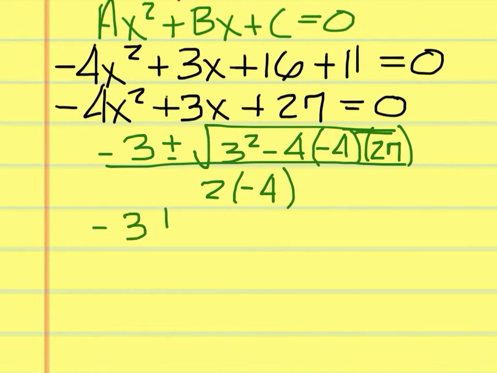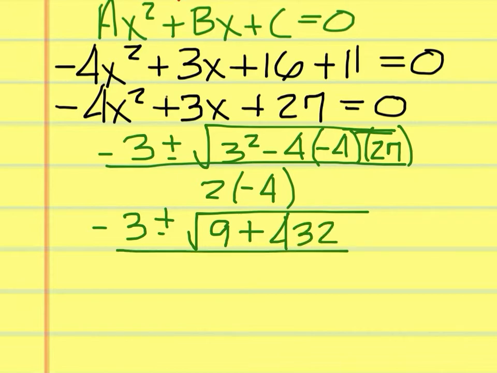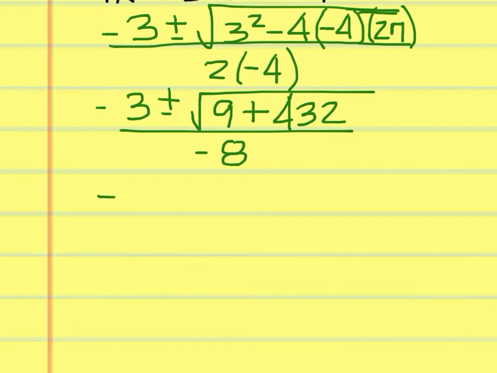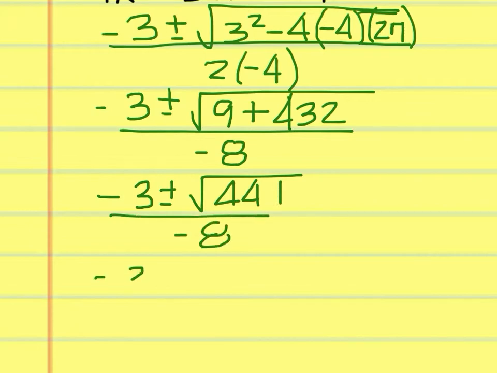So a negative 3 plus or minus 9 plus the equivalent of 16 times 27, which is 432. If you add those 2 numbers under the square root sign, you're going to come up with a perfect square of 441. And the square root of 441 is 21.